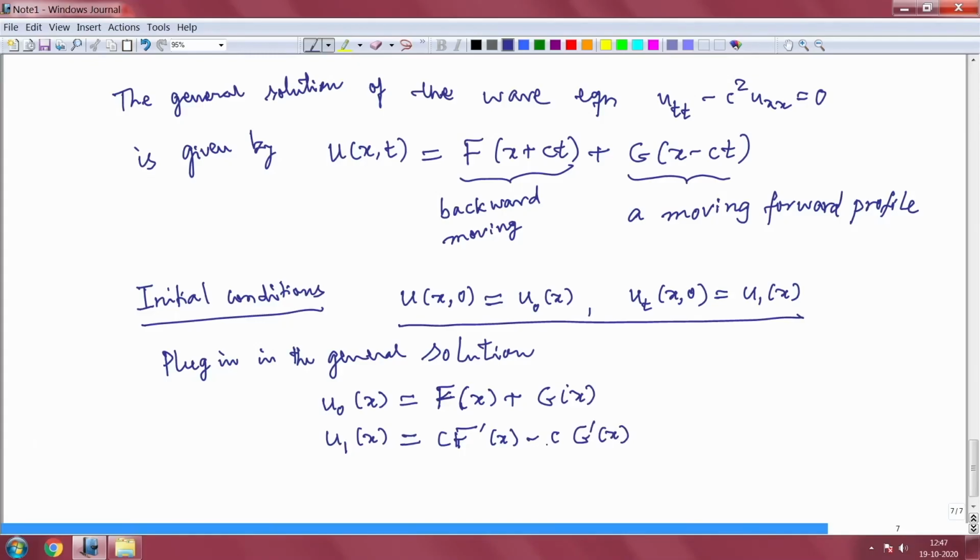So, that is why I am getting minus c. Okay. So, these are more linear equations, but only thing is now f and g are not numbers, they are functions, but we can easily determine them. So, you integrate the second equation.